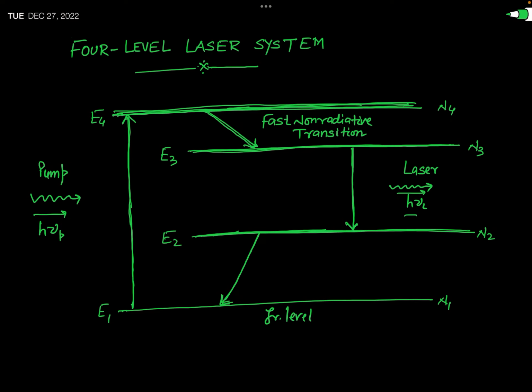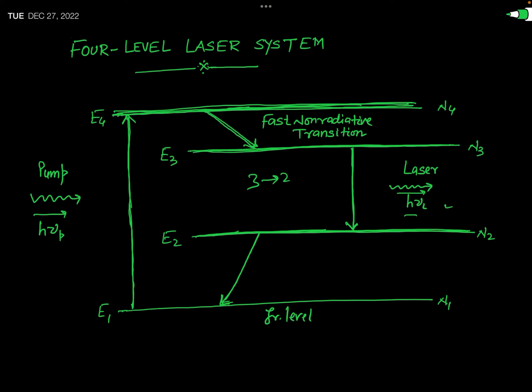These atoms in the third energy level then suffer a laser transition to level 2, and this level 2 is not a metastable state. So the atoms reaching this level 2 quickly transit to the ground level, and again the pumping system raises the atoms from the ground level to the fourth level, and this cycle maintains, and we get laser light due to the transition from level 3 to level 2. This gives the laser transition. I have marked this here, you can see.